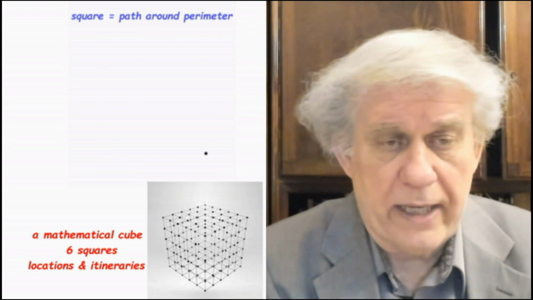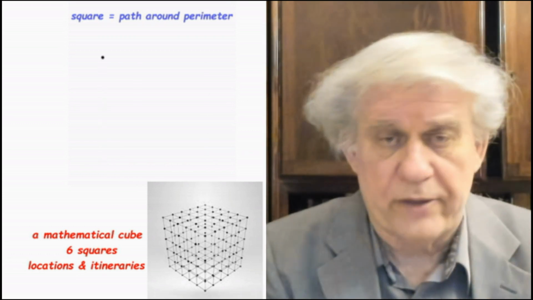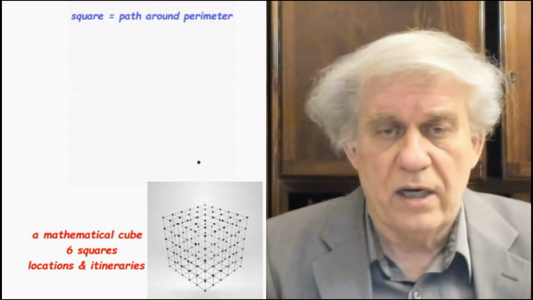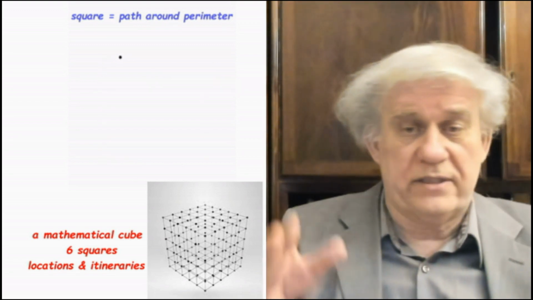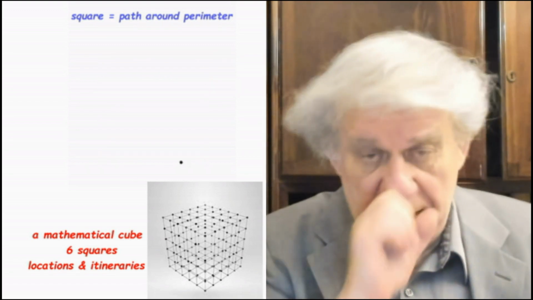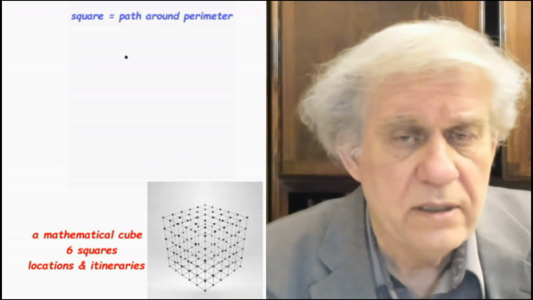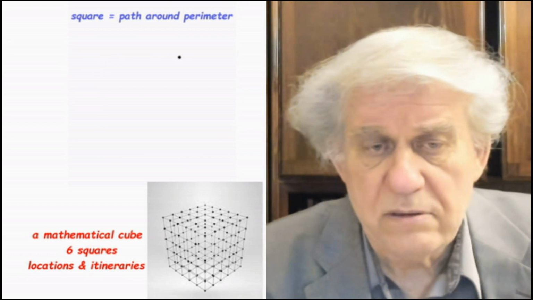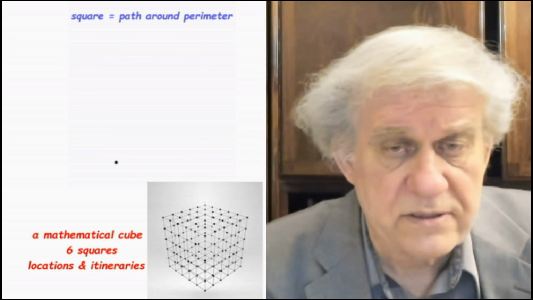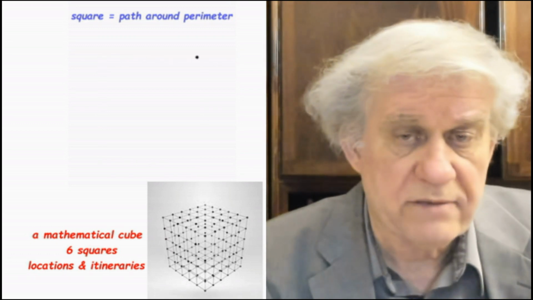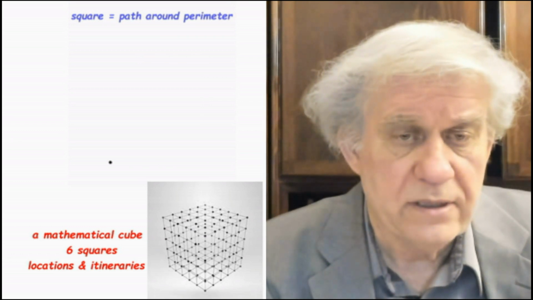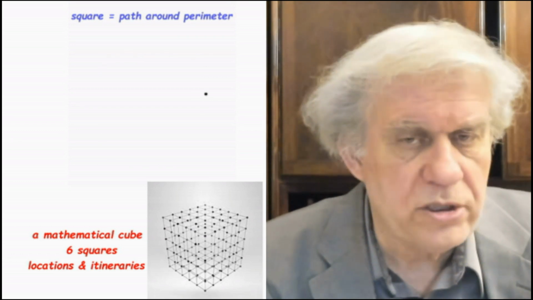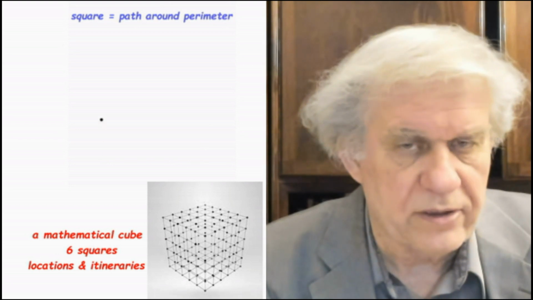And then what they do is they take those itineraries and they put 6 of these itineraries, these walls that they think they built, and they say, well, now we built a cube. And so what is a cube? Well, it's a bunch of dots, or maybe lines, and the lines are made of dots. And what are those dots? Those are locations. What are those lines? A bunch of itineraries. So a cube, the so-called cube, is not a geometric figure also.